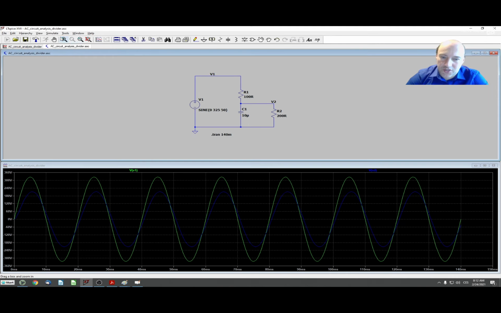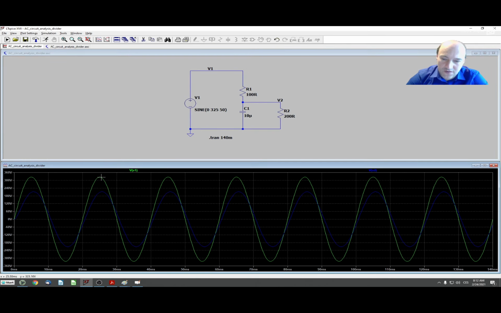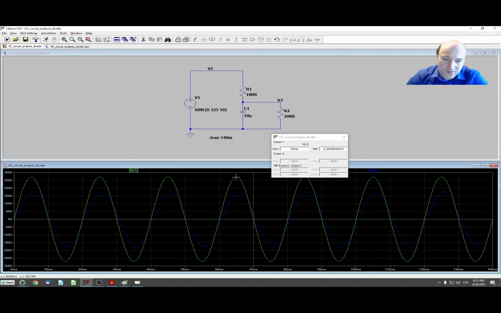Let's run the simulation, and here we have the result. So the green curve is my voltage V1. You can see that this is a sine wave where we have the voltage amplitude of 325 volts. So the RMS value is 230, so this is my maximum value, the magnitude, 325.